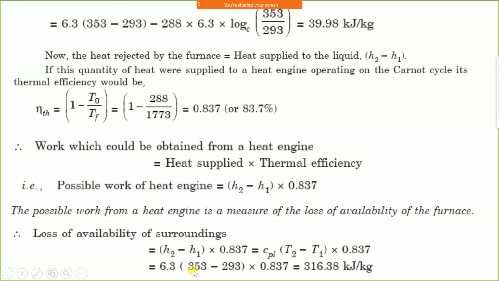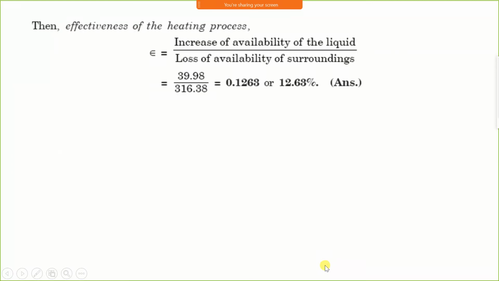CPL is 6.3, final temperature 353 Kelvin minus initial temperature 293 Kelvin, then efficiency 0.837. 316.38 kilojoule per kg is the loss of availability of the surrounding.